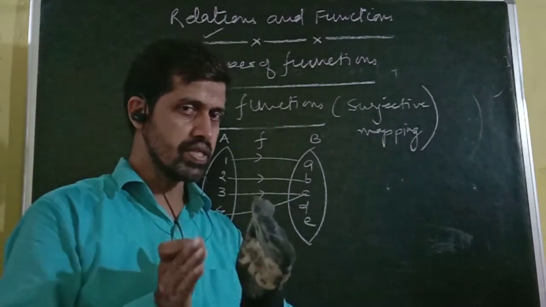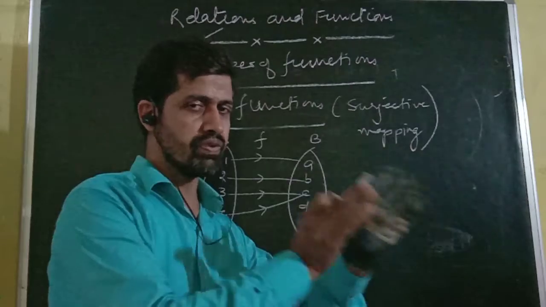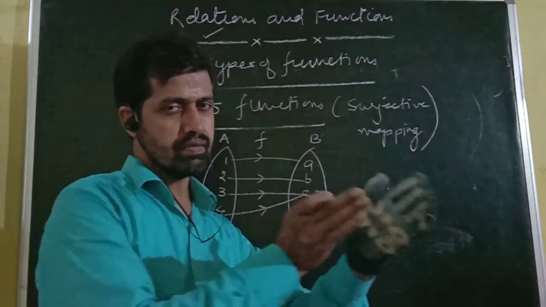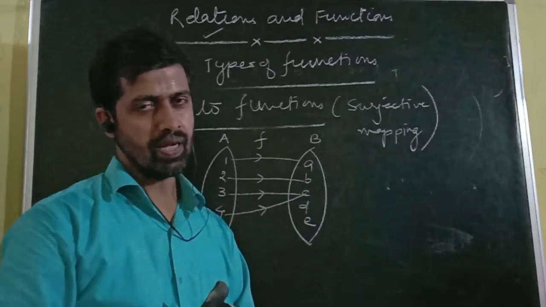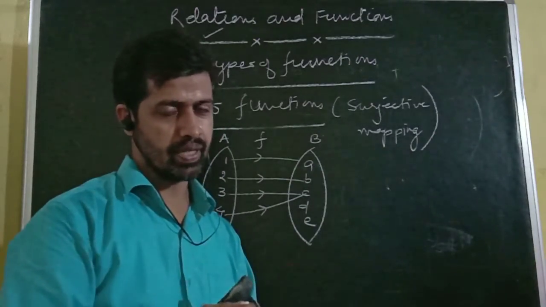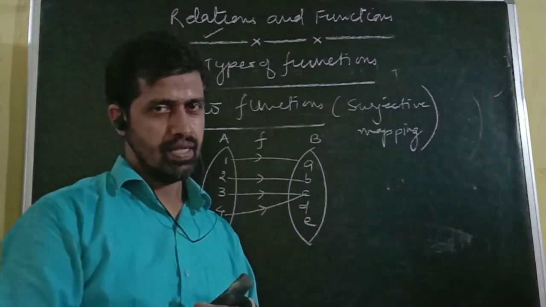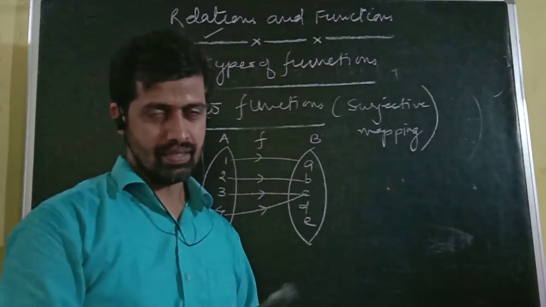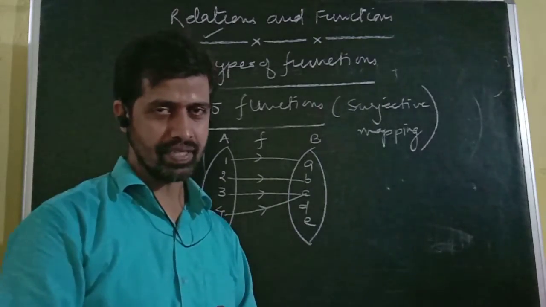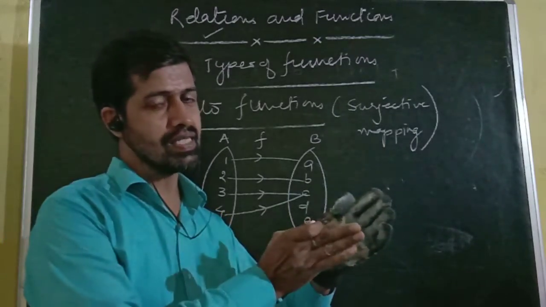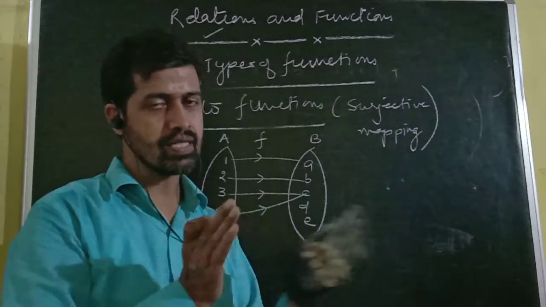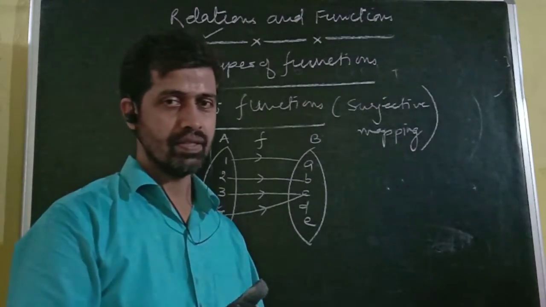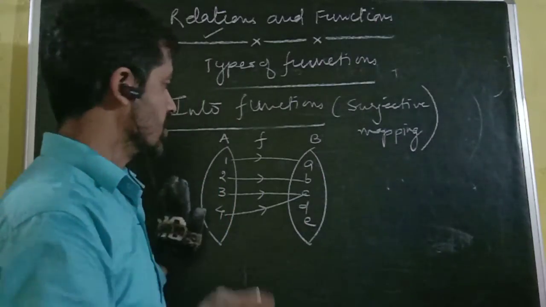Out of 50, 30 students turned up, and in the class 50 chairs are available. Then 30 students will be accommodated in 30 chairs. The remaining 20 chairs are left unaccommodated. So in that case, we say that this correspondence is not onto, rather it is an into mapping. So to remember, this is the concept of into mapping.